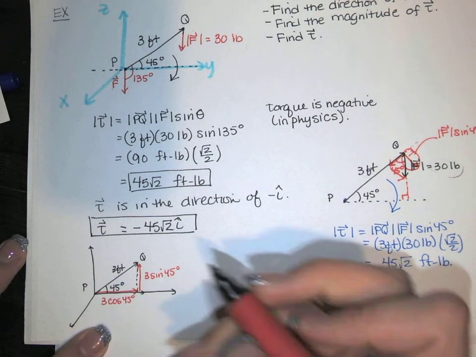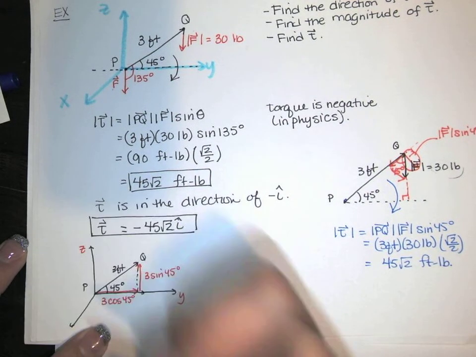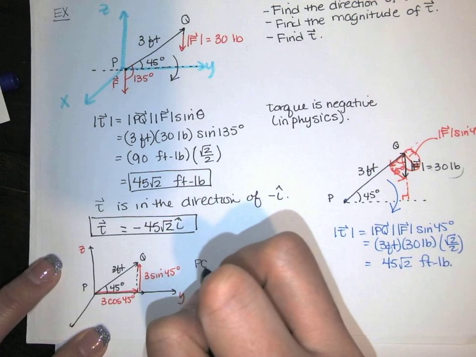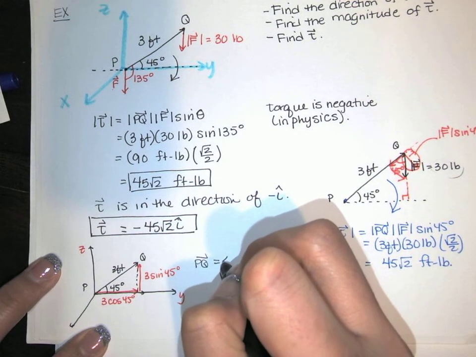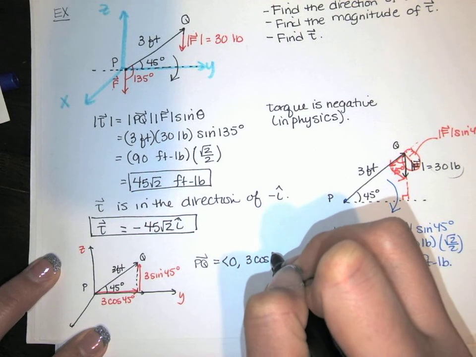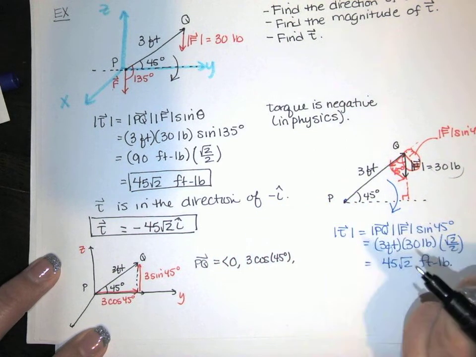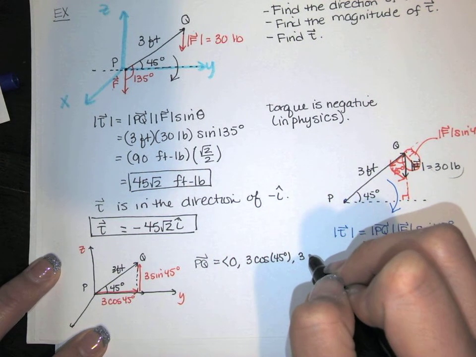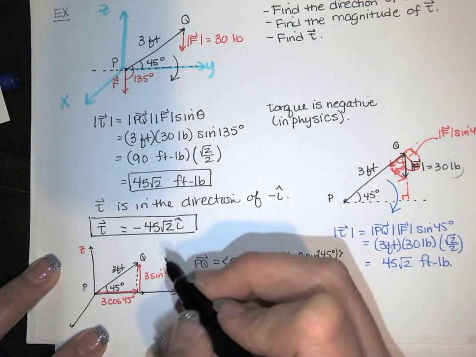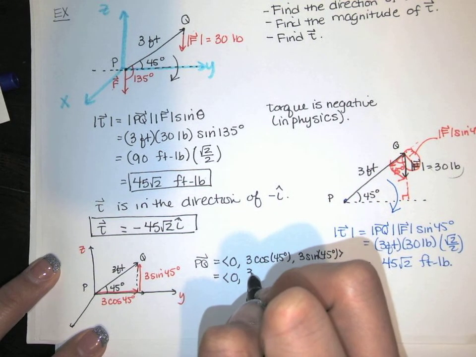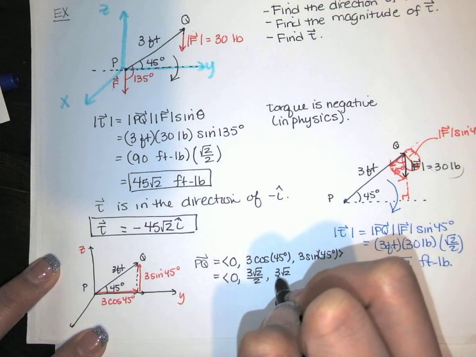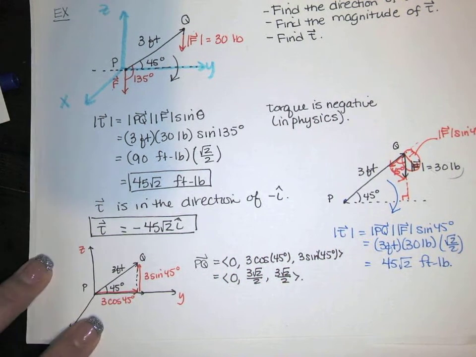Now, it's in the yz plane, so there is no x component. So PQ is the vector with components 0, 3 cosine of 45, those are degrees, and 3 sine of 45. And cosine and sine of 45 degrees are square root of 2 over 2, so you could just do this: 3 root 2 over 2 and 3 root 2 over 2. So we could do that.